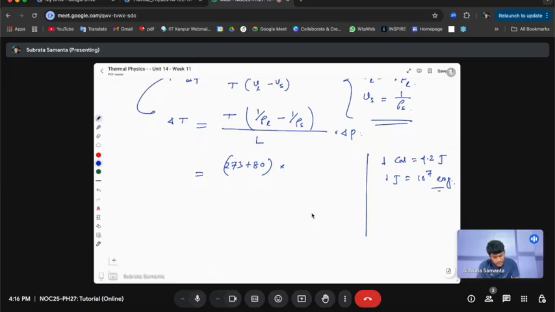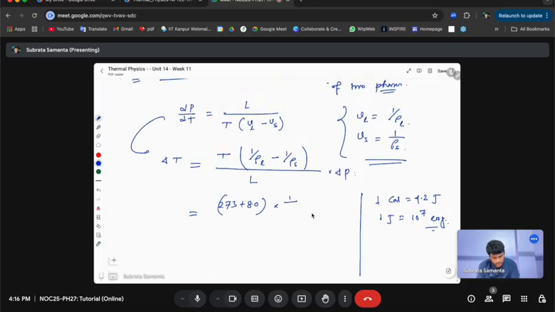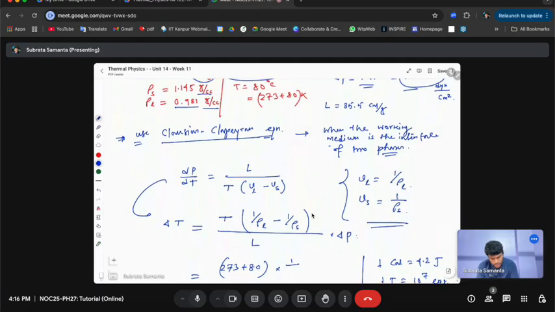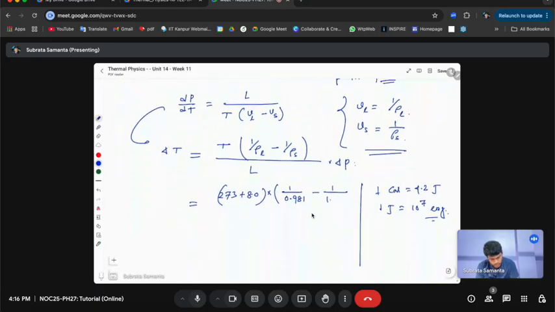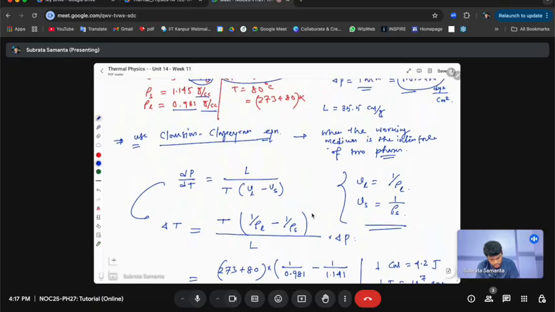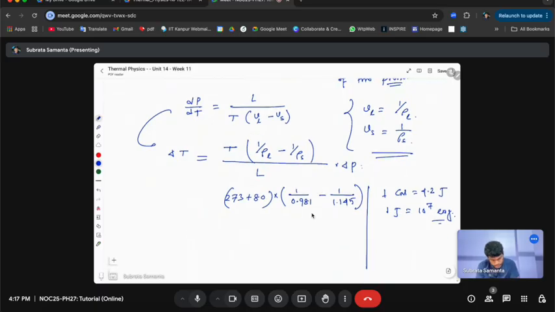Therefore, I now write explicitly: 1 over rho L, basically 1 over 0.981, minus 1 over 1.145.